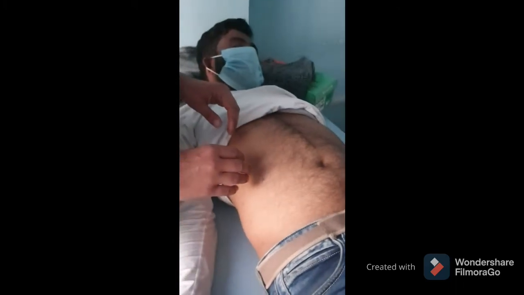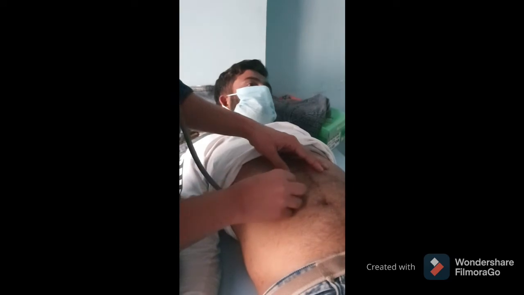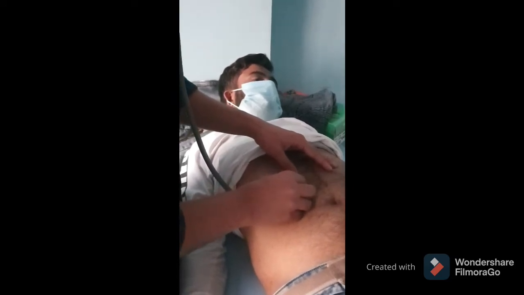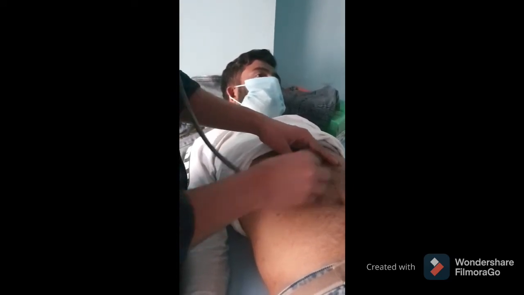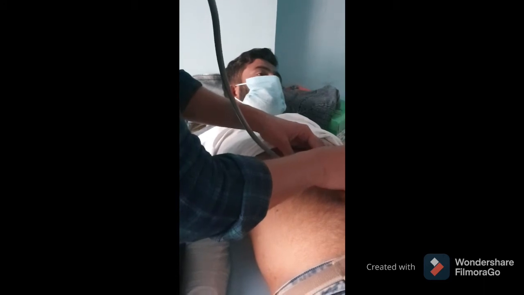Now we are going to auscultate. This method provides important information about bowel motility. Auscultate the abdomen before percussion and palpation. Place the diaphragm of the stethoscope gently on the abdomen and listen to the bowel sounds, and note their frequency and character.